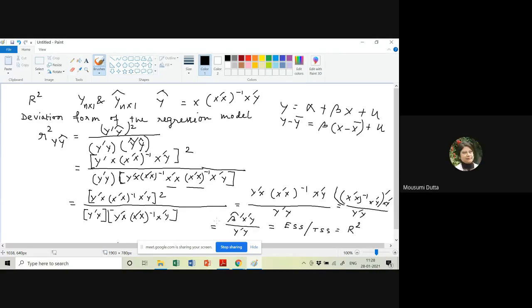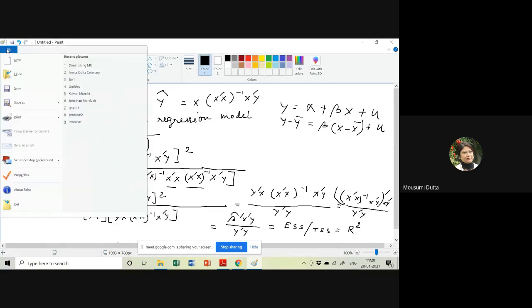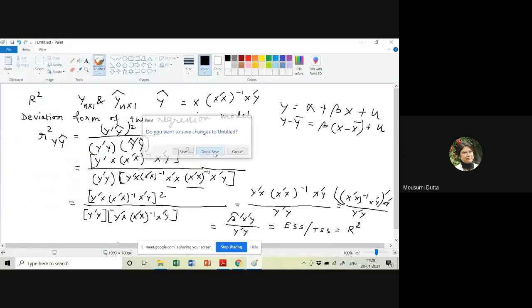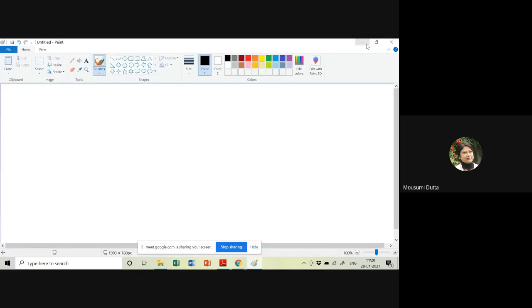Anyone else? Would you please help him? This is complete, I hope. So, can I erase this one? So last day, for the last formula, we used the deviation of beta hat, etc. Anyone will help us?